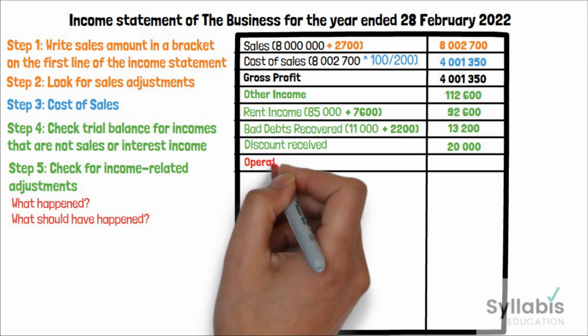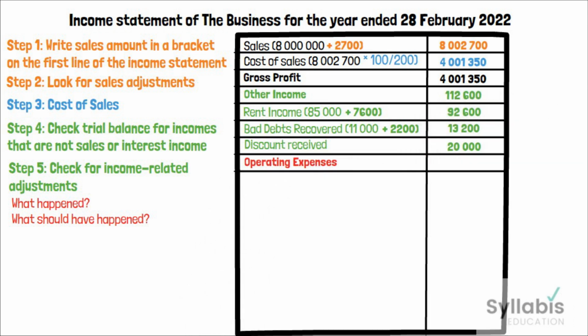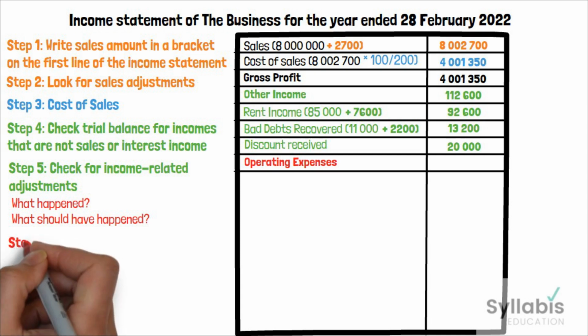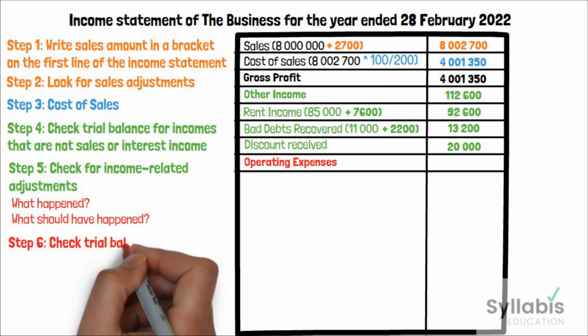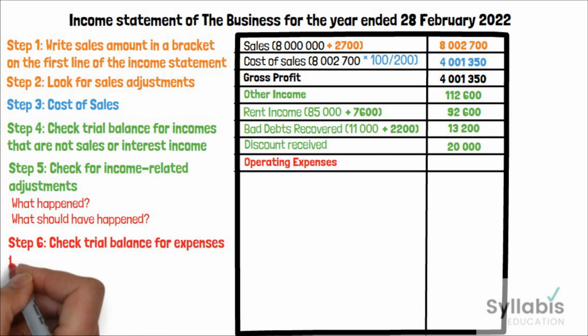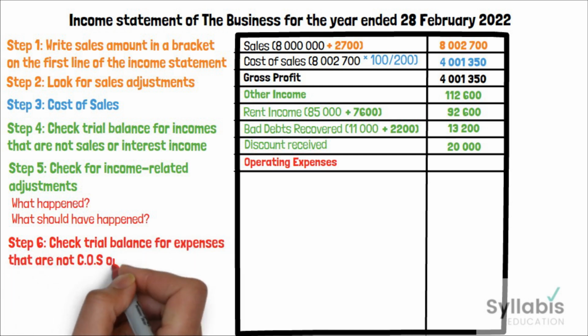Now you move on to the operating expense section of the income statement. Look in the pre-adjustment trial balance table and find all the expense amounts that are not cost of sales or interest expense.